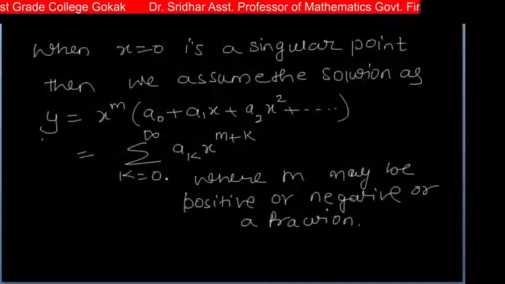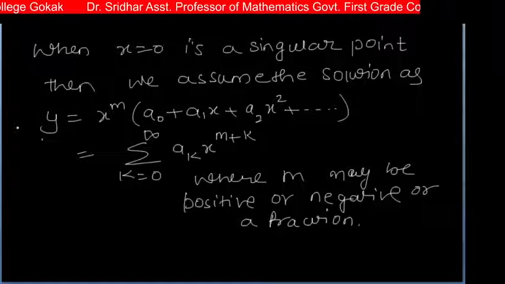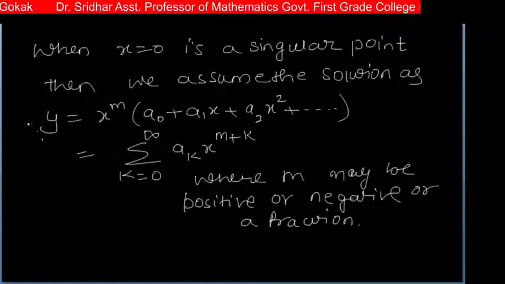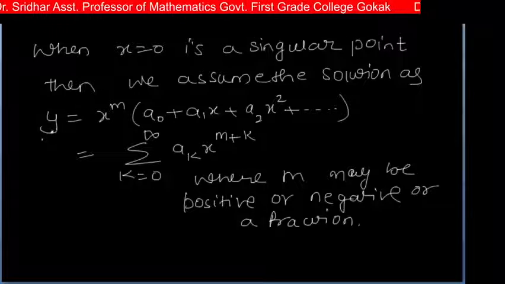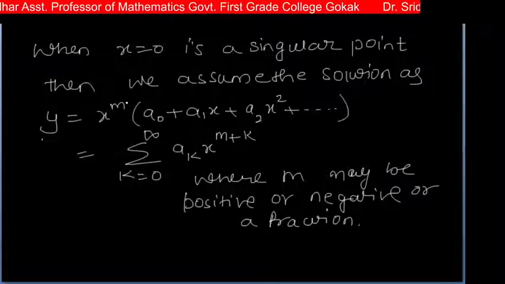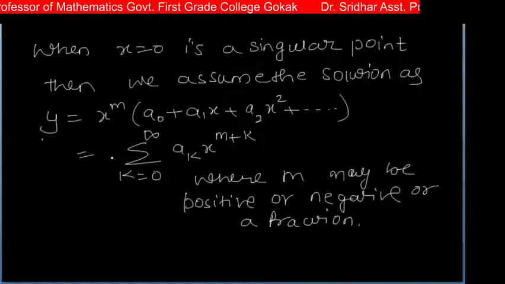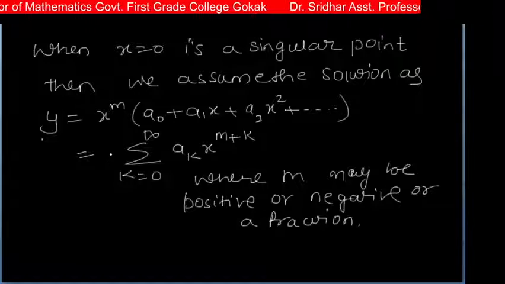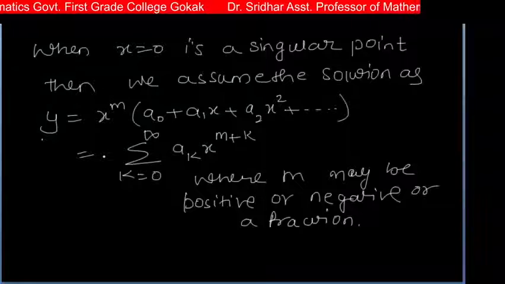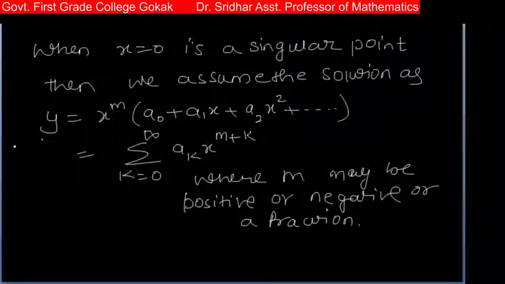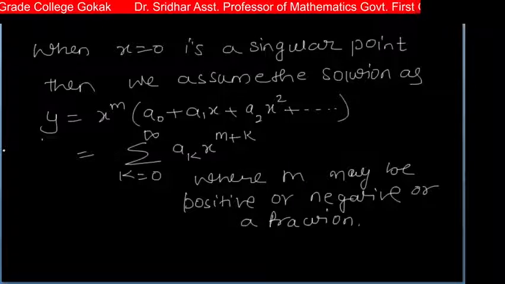Now to substitute in the given equation, we need to differentiate this and obtain d square y by dx square and dy by dx. Then substitute all these derivatives along with y in the given problem, simplify, and equate the coefficients of powers of x.